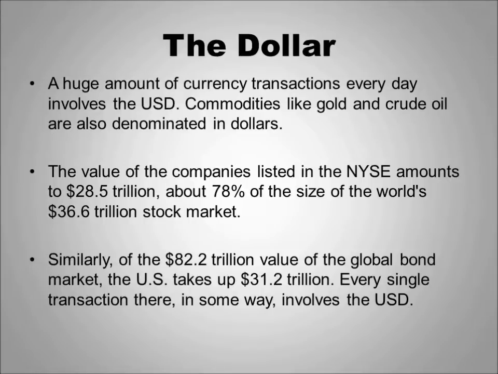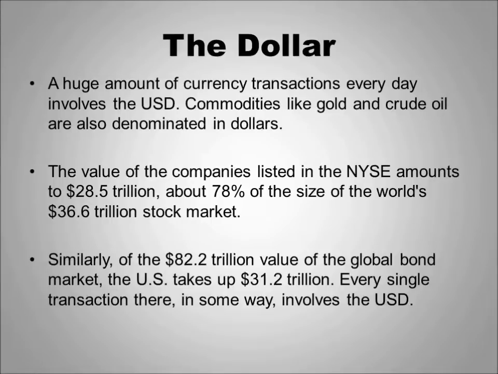And just like I mentioned in the previous video about Japan wanting to purchase imported oil, they have to convert Japanese yen into US dollars in order to purchase the oil because the price of oil is listed in US dollars.